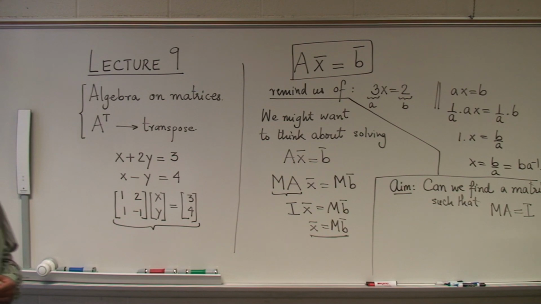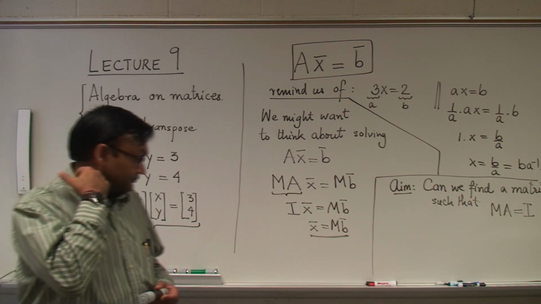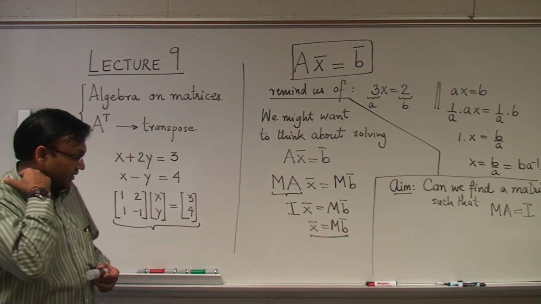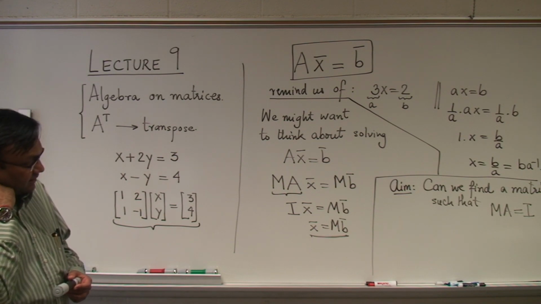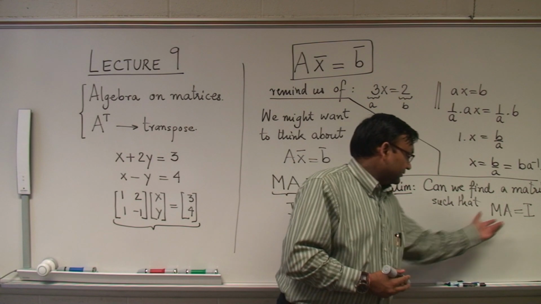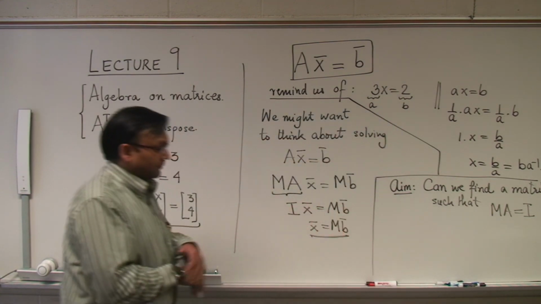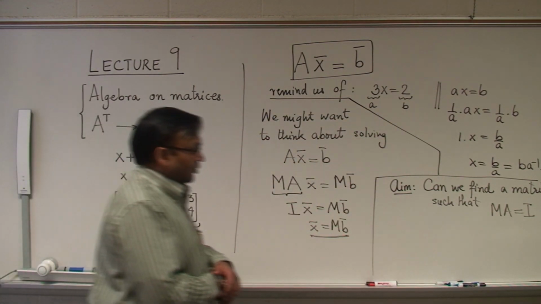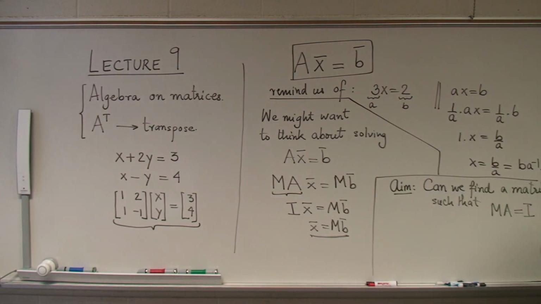Now, this seems like an innocent question, but it has a lot of ramifications. First of all, you have to keep in mind that we can't simply multiply two matrices whenever we want. Their sizes should be compatible. The other thing we should be cautious about is that two matrices, when they multiply, need not commute.